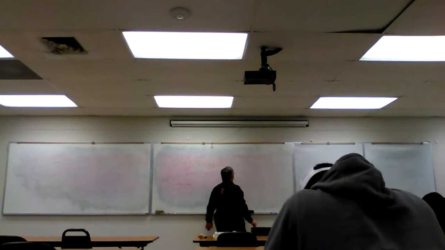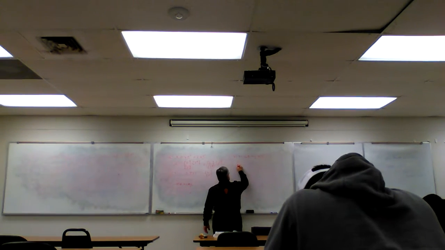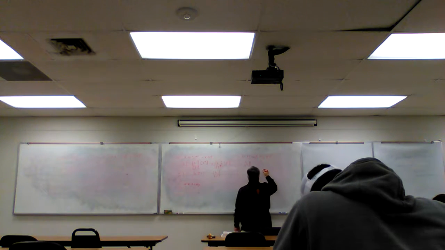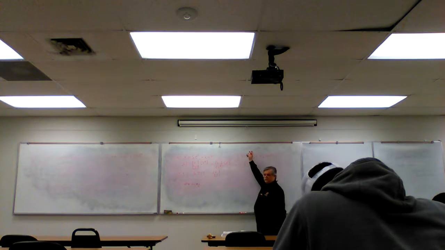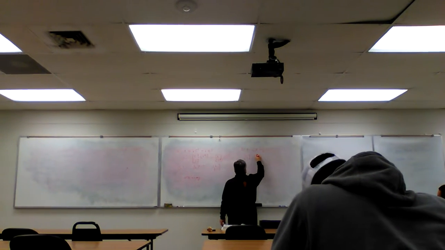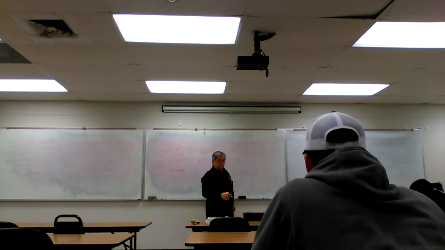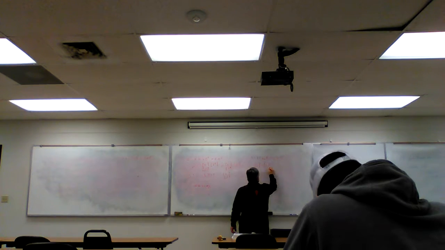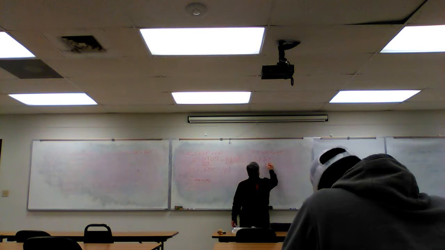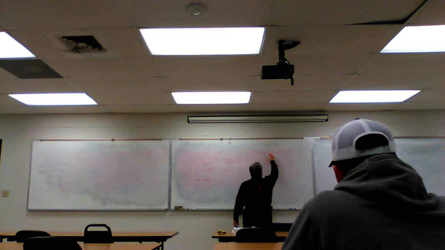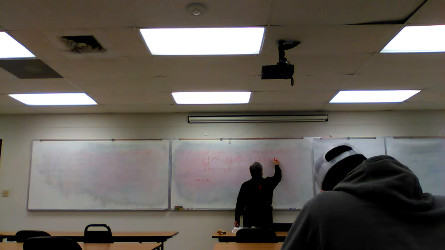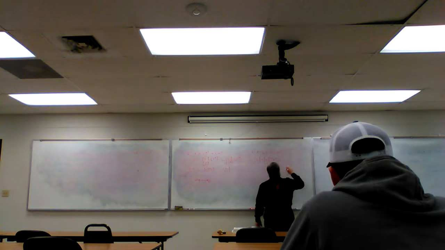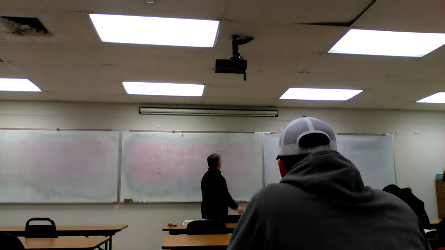Now let's look at this one. The dimensions of x, or distance, are length. What are the dimensions of velocity, speed? Length divided by time, times time in the equation, plus, we don't have to worry about the unitless number in front of anything.